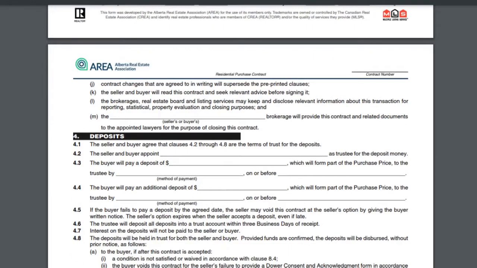You can see here that we've already decided what kind of brokerage. So it could be the selling brokerage in 99% of the cases where there's two realtors involved, the selling brokerage will take care of the documentation. Some brokerages do not do that. That's not part of what they're willing to do.